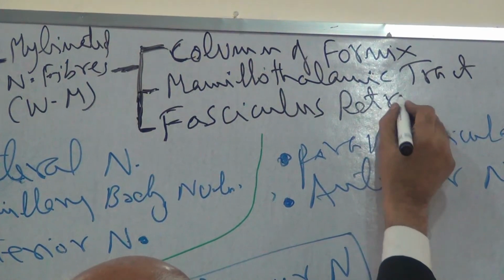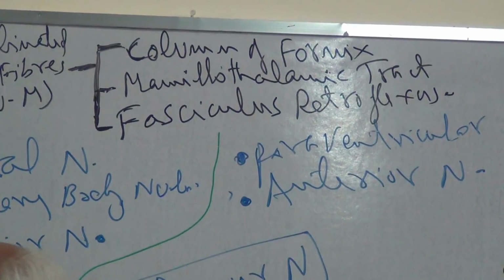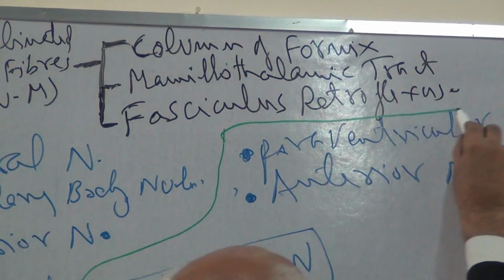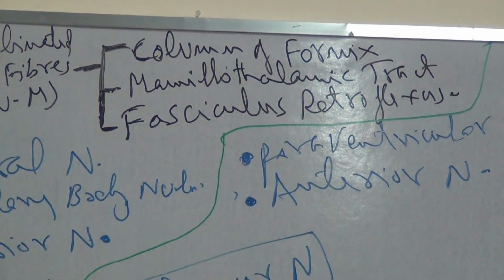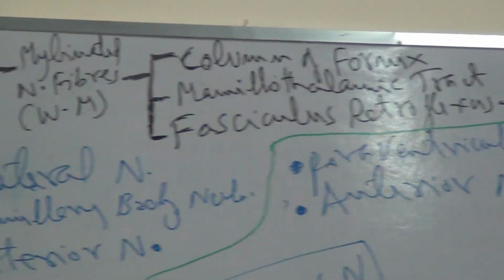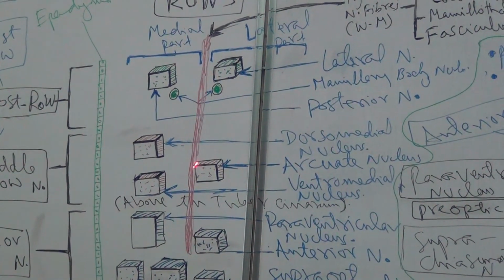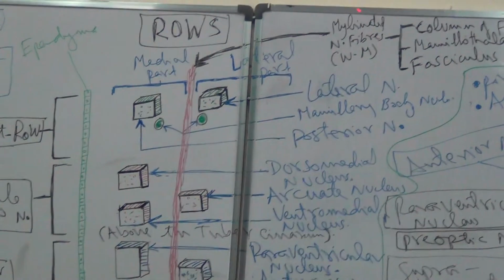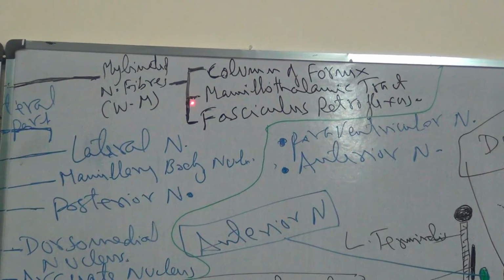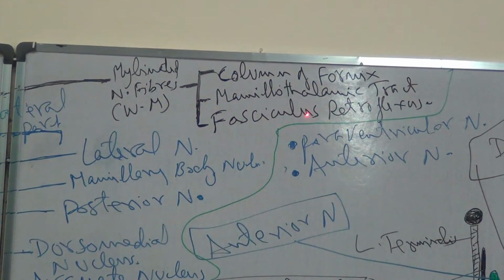So a bundle of myelinated nerve fibers traverses through the hypothalamus between medially located and laterally located nuclei. This bundle comprises fibers of the column of fornix, then fibers of the mammillothalamic tract, and another tract known as the fasciculus retroflexus.